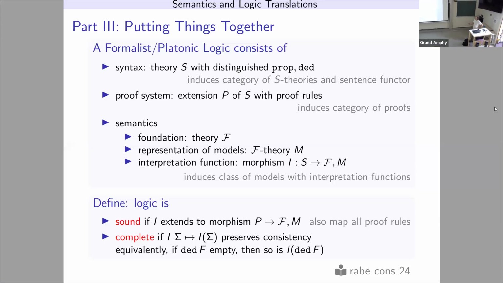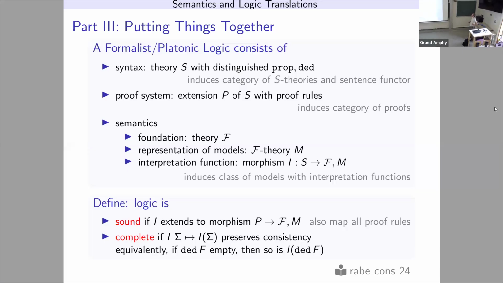And the other way around, the semantics here is complete if the morphism is conservative. There's a couple of different ways to define that. One way is to say it has to preserve consistency, meaning if we apply the morphism to map theories from the syntax to the semantics, the consistent ones have to go to consistent ones.